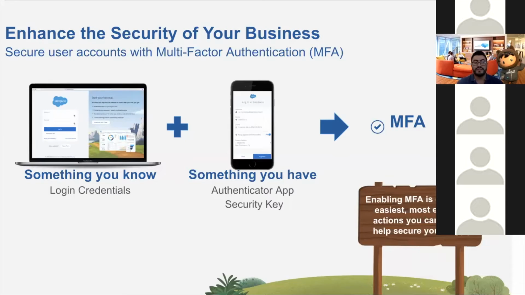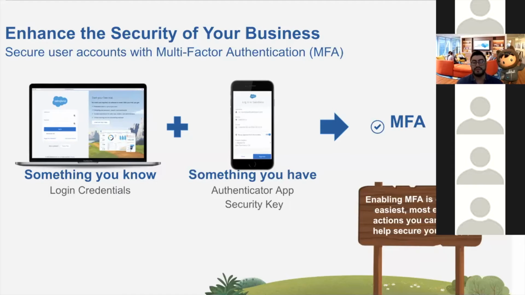So MFA is a strong authentication method that requires users to supply 2 or more pieces of evidence or factors to prove their identity before they can log in. The first factor is something the user knows, your username and password, and additional factors are verification methods that the user has in their possession.